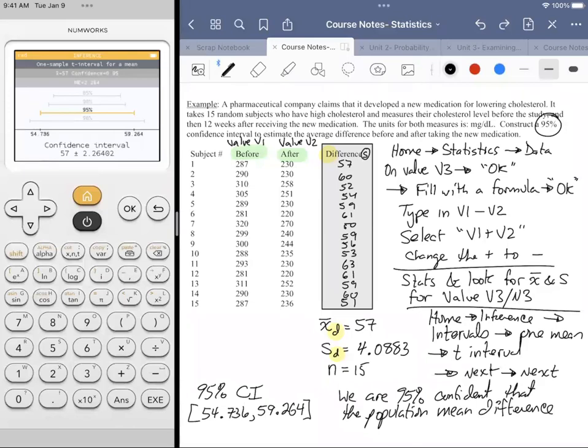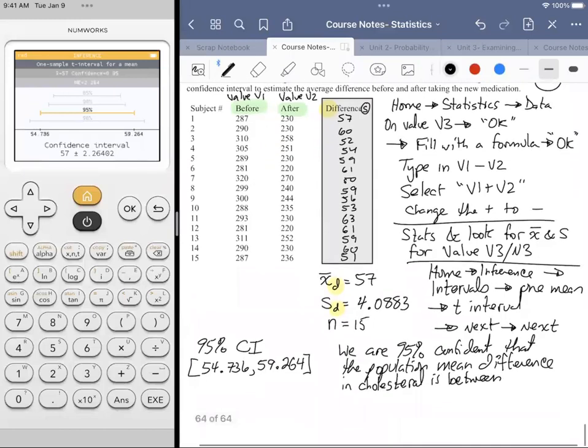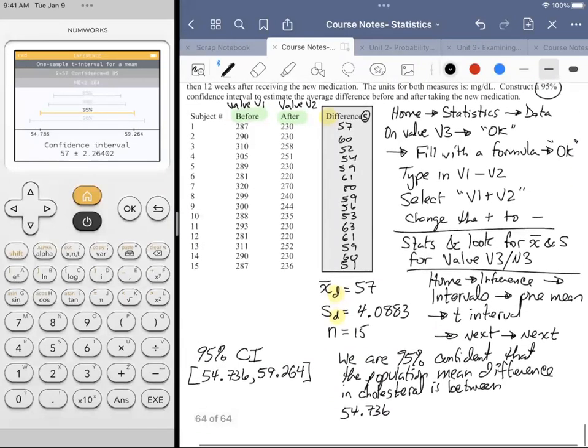So the population mean difference in cholesterol is between 54.736 milligrams per deciliter and 59.264 milligrams per deciliter. So it's between those two numbers.